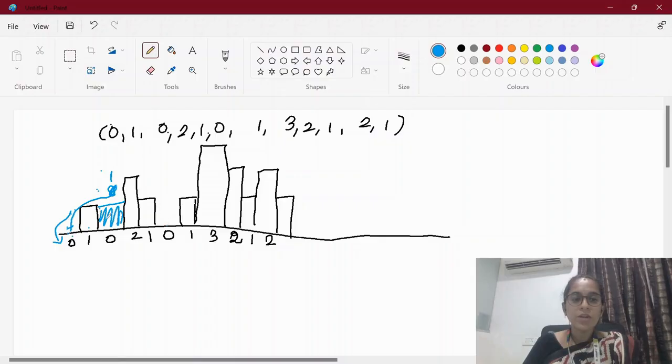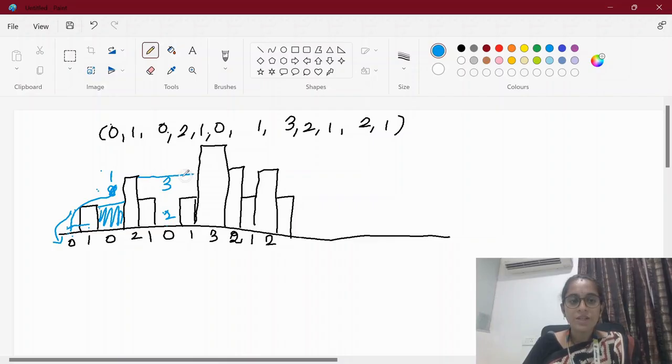Looking into the left side of this center position, the maximum height is 2 units. Looking into the right side, the maximum height is 3 units. So here 2 units and here 3 units. 2 units of water will be stored here.